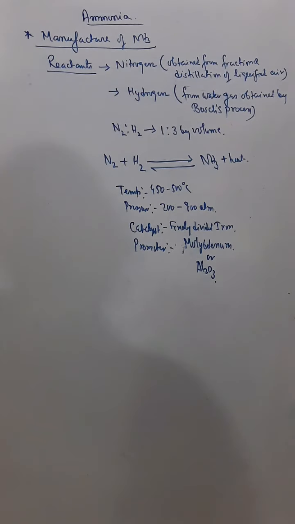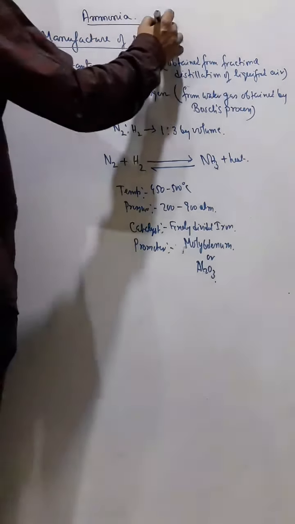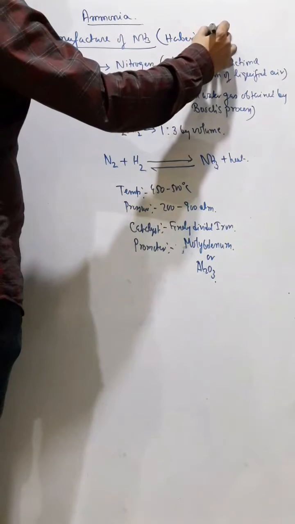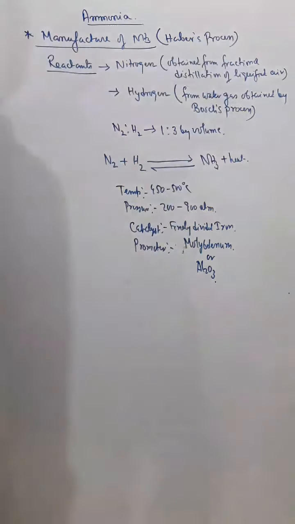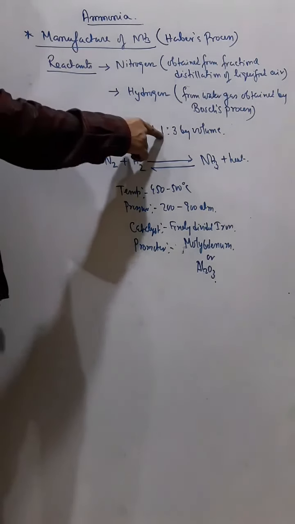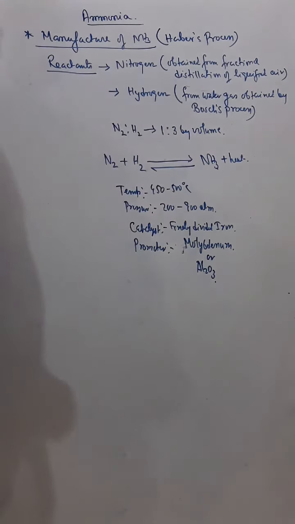Okay, now the manufacture of ammonia. Now in the industries, manufacture of ammonia is done by a process that is known as Haber's process. So the reactants are nitrogen and hydrogen in the ratio of 1:3 by volume.